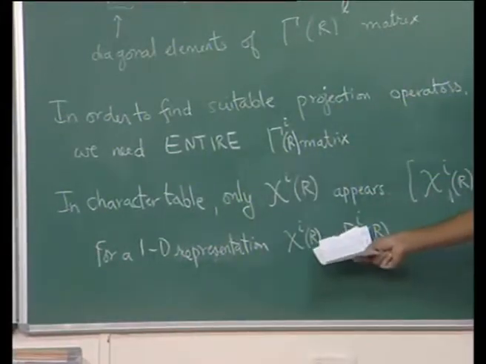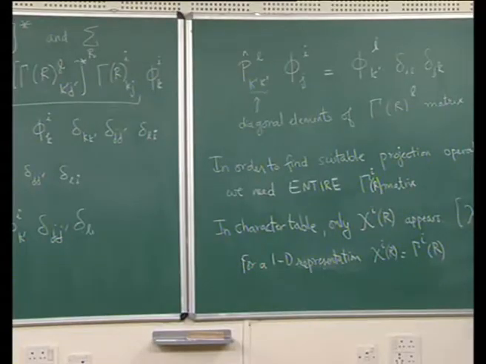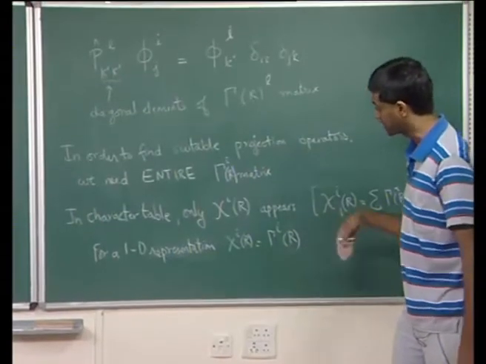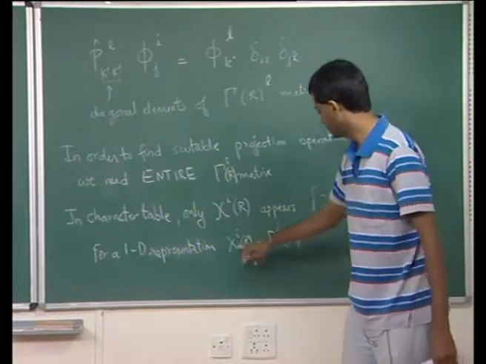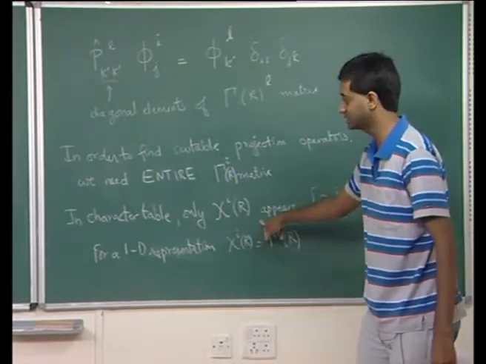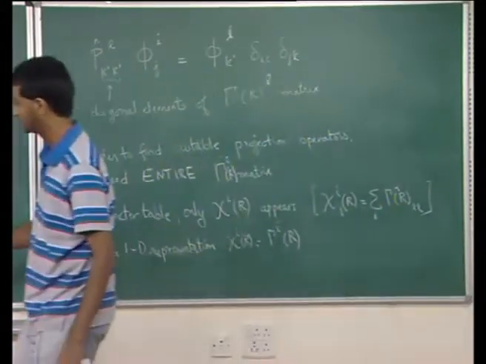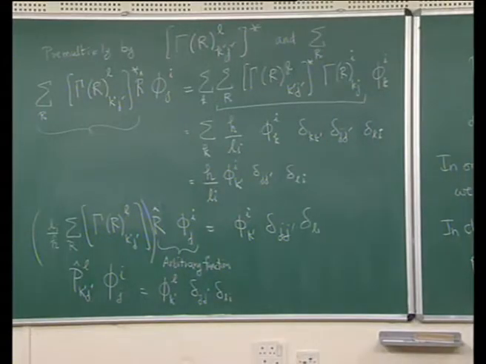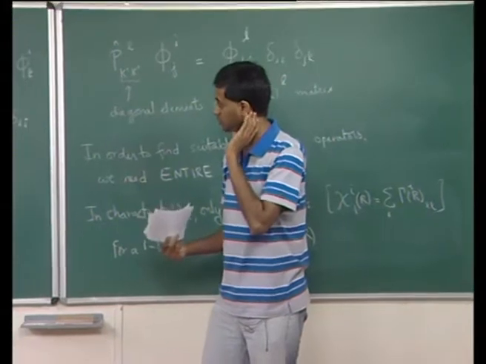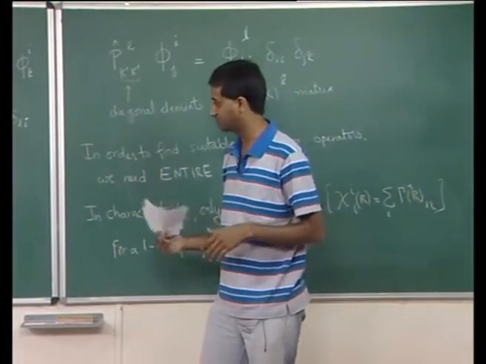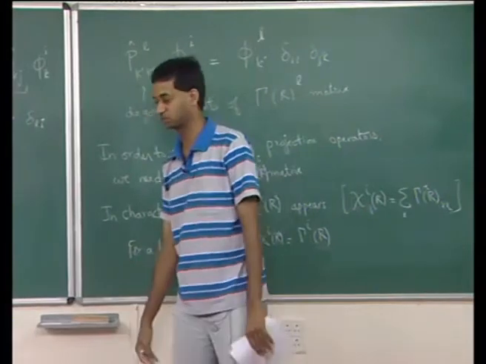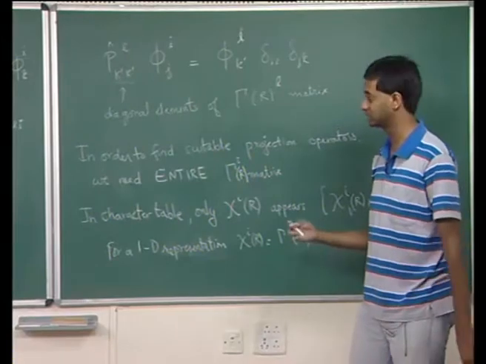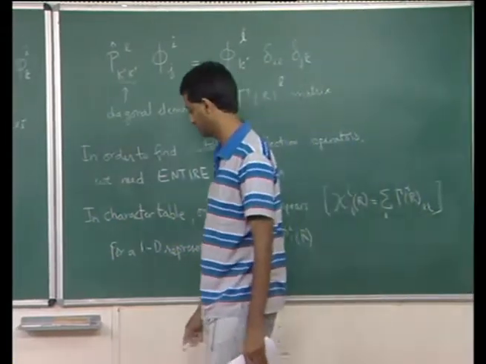Knowing the trace is definitely sufficient, so for a one-dimensional representation you can entirely calculate all the projection operators. But for higher dimensional representations, you need more than just the trace. You need to know the actual matrix elements in order to derive the projection operators. Next class we'll look at some examples of actual calculations with these projection operators, and then we'll go on to see how they are used to construct various linear combinations.